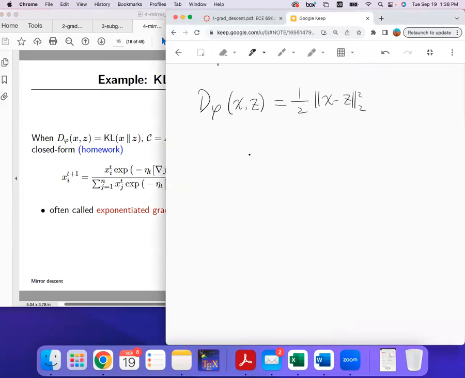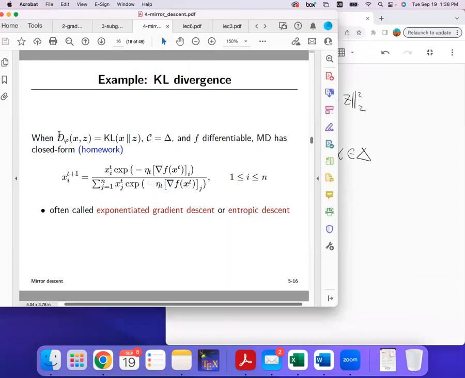Let's say we look at an optimization problem where X is constrained to be within the probability simplex. What we can do is choose such a KL divergence and design the mirror descent algorithm.